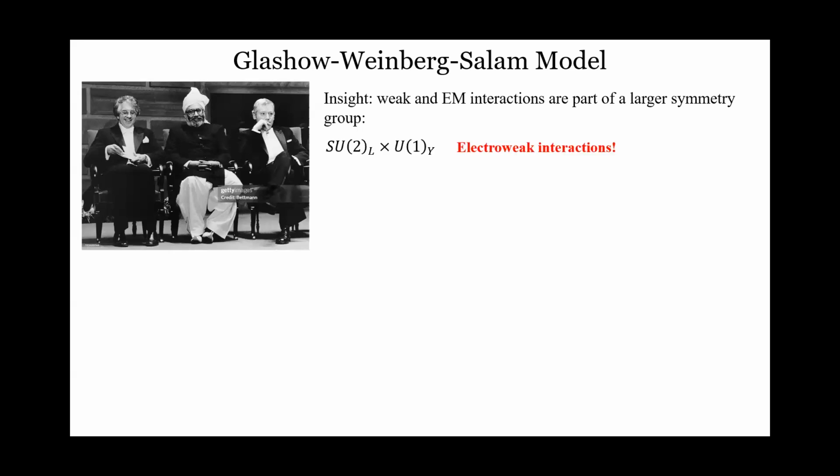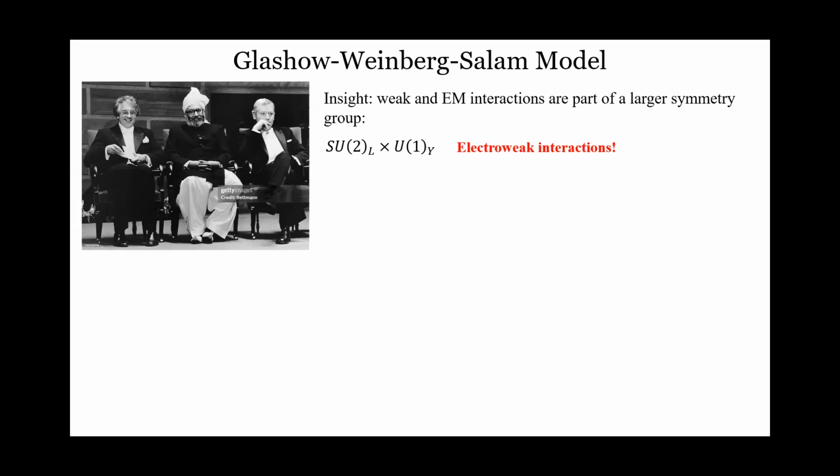So their idea was that SU(2) cross U(1) was the electroweak interaction. So electromagnetism and the weak force merge into this new theory that is SU(2)_L cross U(1)_Y. U(1)_Y is basically what governs the QED-like interaction, and SU(2)_L governs the theory of fermion interactions, where nature treats left and right differently.